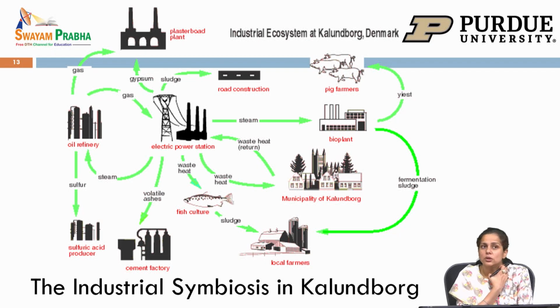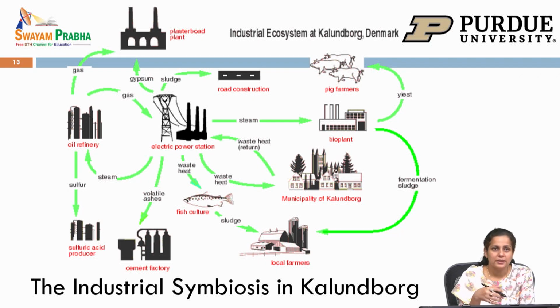What that meant was that the oil refinery now needed to burn less and less coal to do the heating. That was a mutually beneficial system for them. What is the benefit that the electric power station may have got from it? Maybe some economic incentive or a reduction in the cost of the gas from the oil refinery.